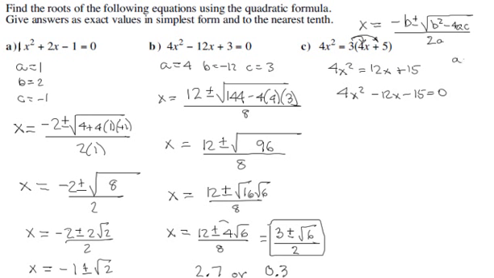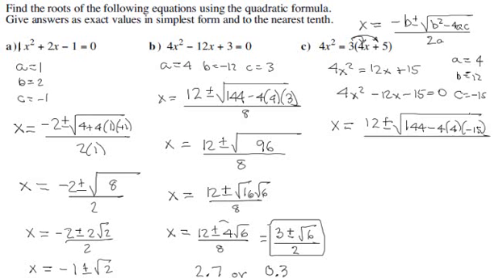So here, our a is 4, our b is negative 12, our c is negative 15. And so our solutions ought to be minus b, the negatives cancel, plus or minus root b squared minus 4ac all over 2 times a, which is 2 times 4.